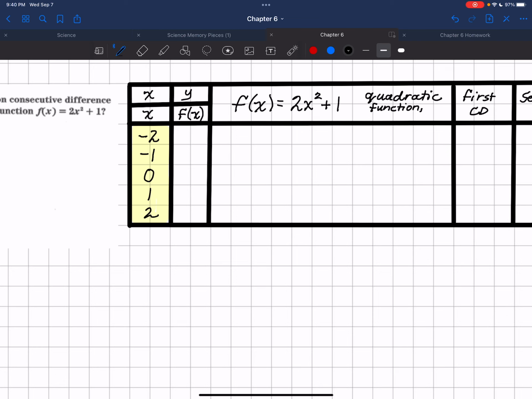All right, so here we go with an x of -2. And so we have 2 times -2 squared plus 1. That's going to be 2 times +4 plus 1. So 8 plus 1 is 9.